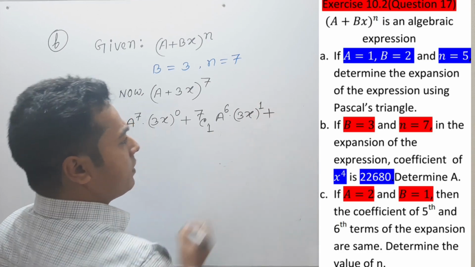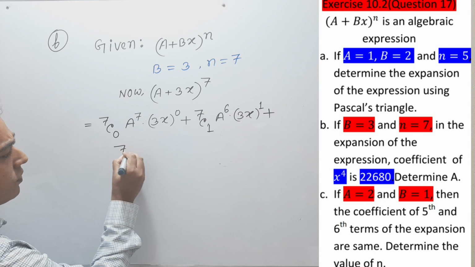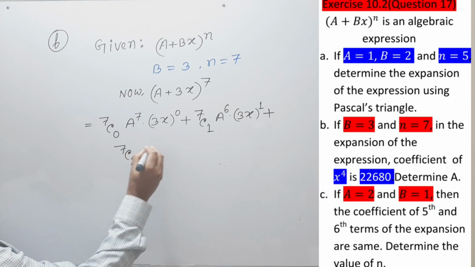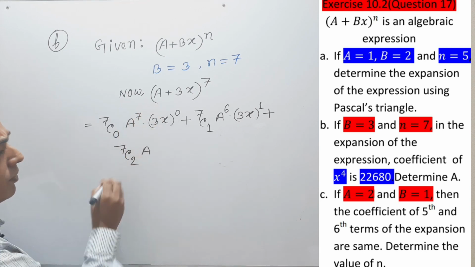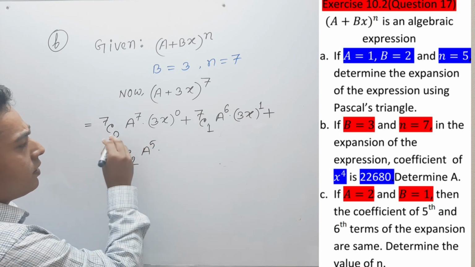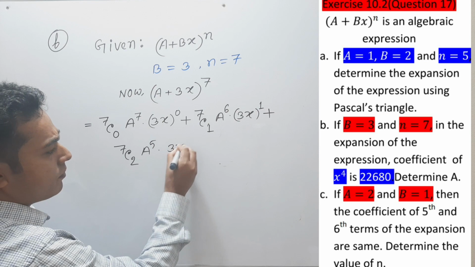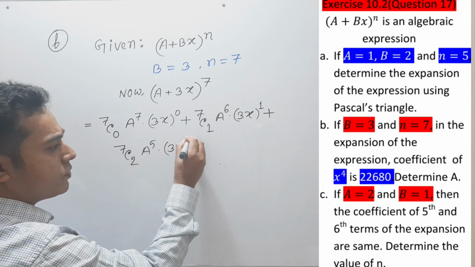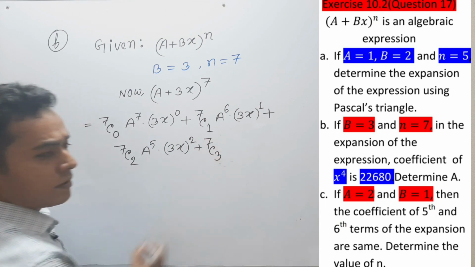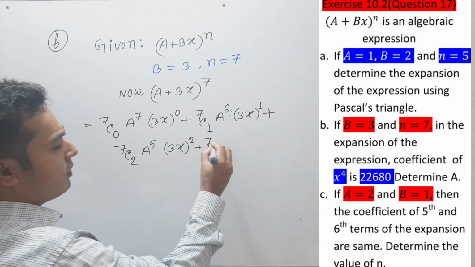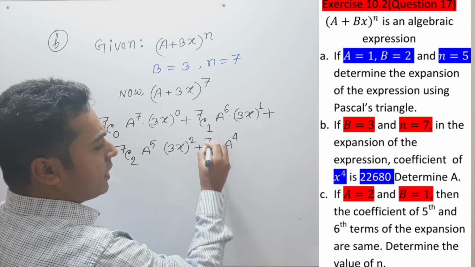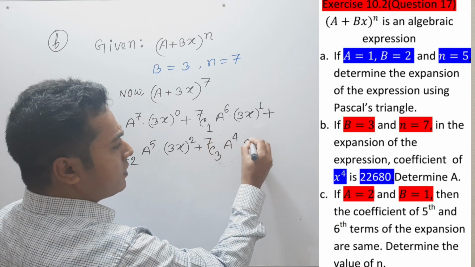And 7C2: the power of a is the difference 7 minus 2, which is 5, and the second term is 2. Now 7C3: a has power 4, because 7 minus 3 is 4, and the second term is 3.